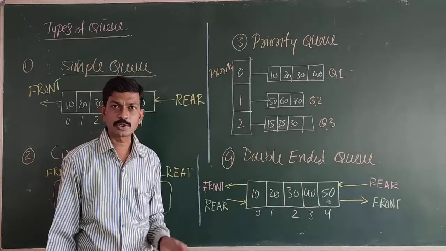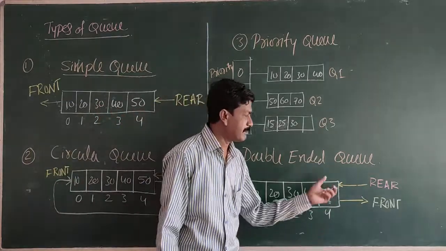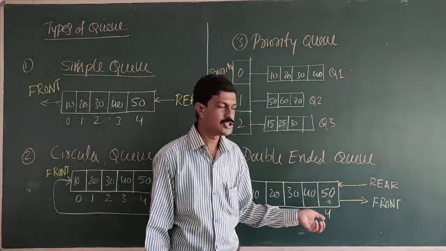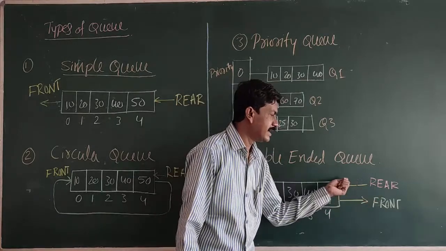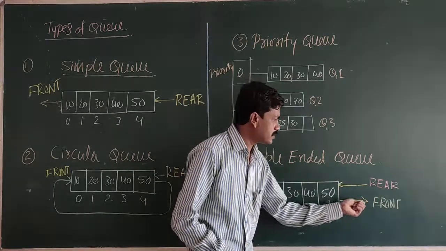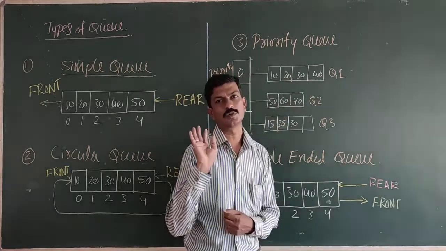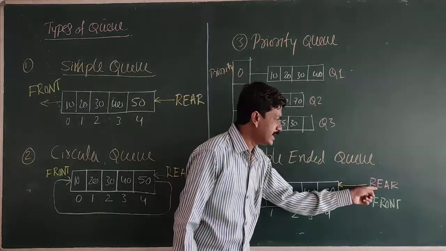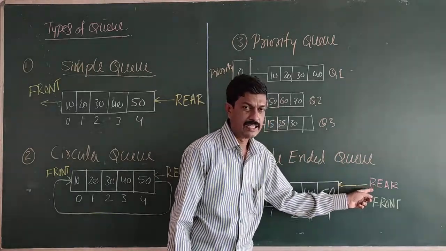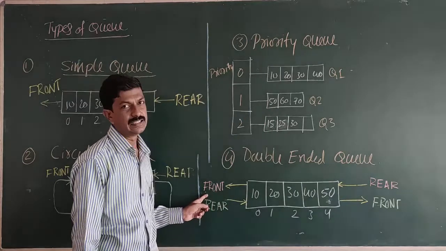But it is not possible to perform both operations simultaneously at the same end. Means you are inserting at this end and at the same time trying to delete an element from the same end is not possible. If you use one end as the insertion end, then the other must be used as the deletion end.